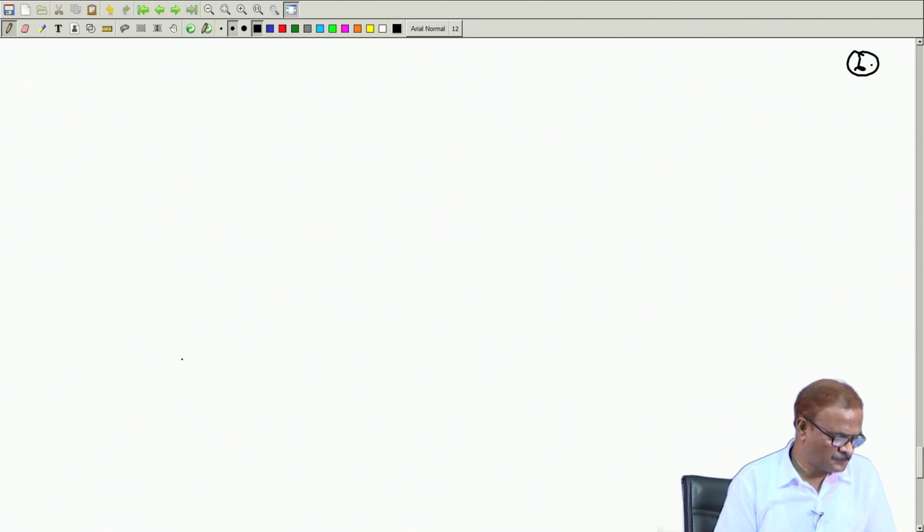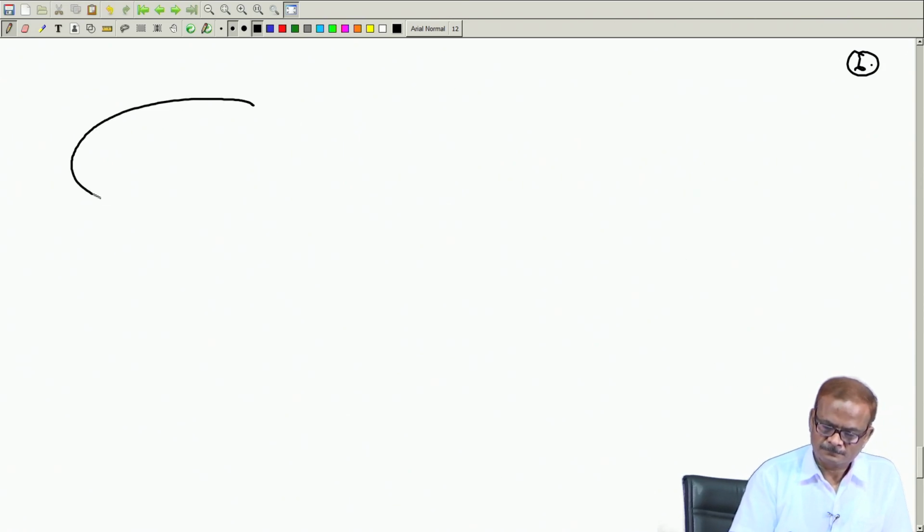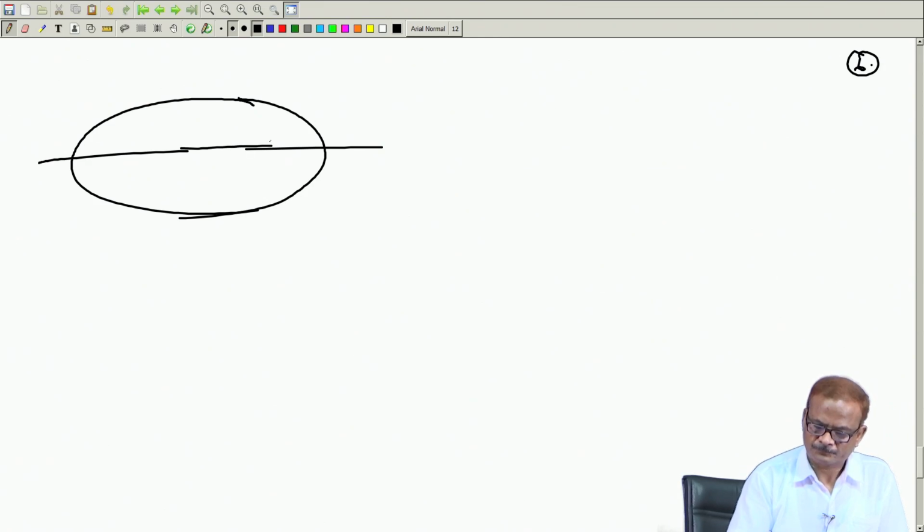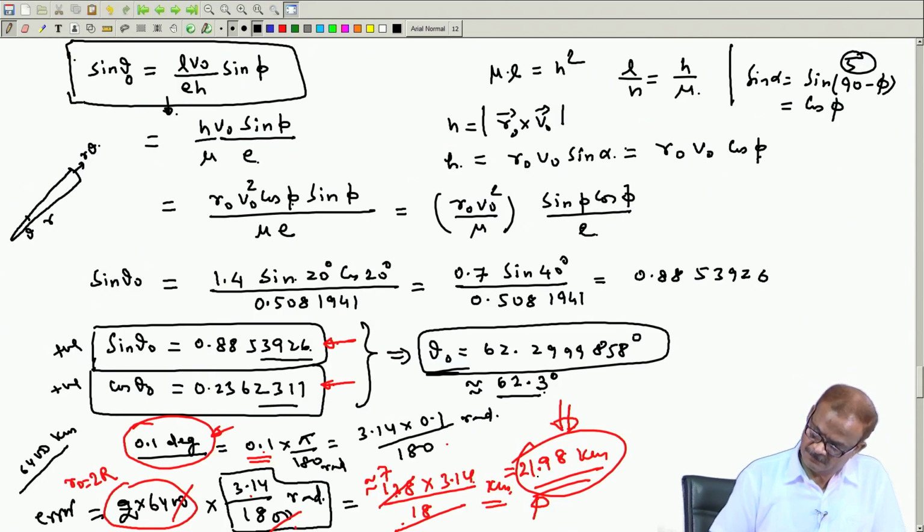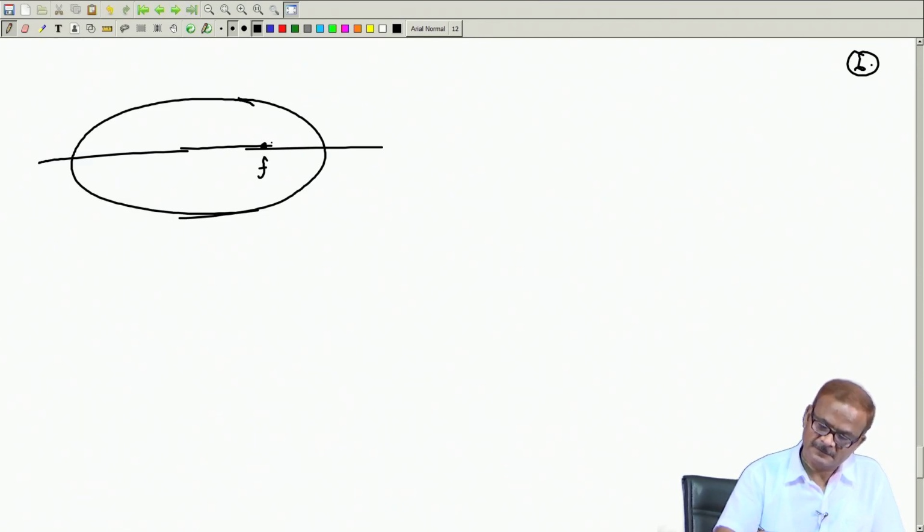Now, we have to go to part B. It is telling that the situation here, this is the focus, and the satellite is at an anomaly of 62.3 degrees. This is the initial position theta 0, and from there it continues till 150 degrees.